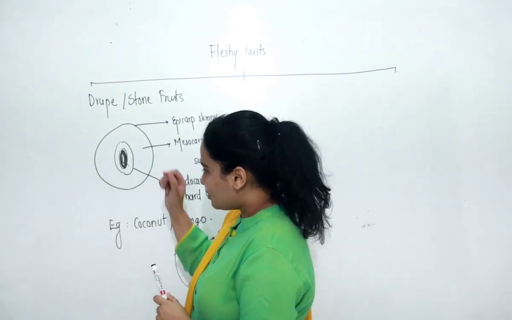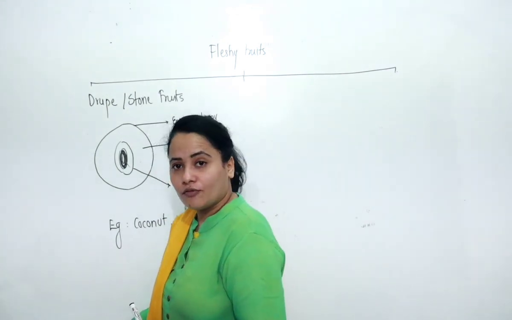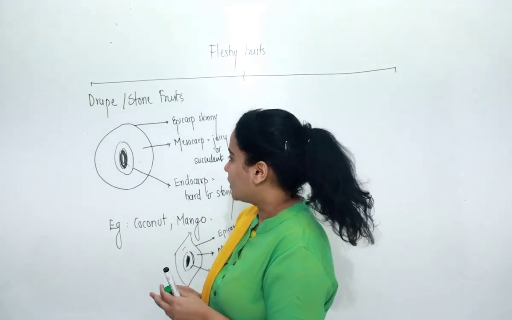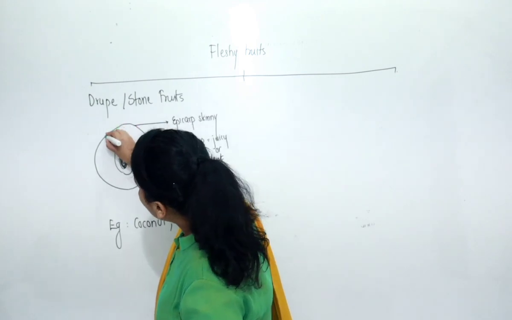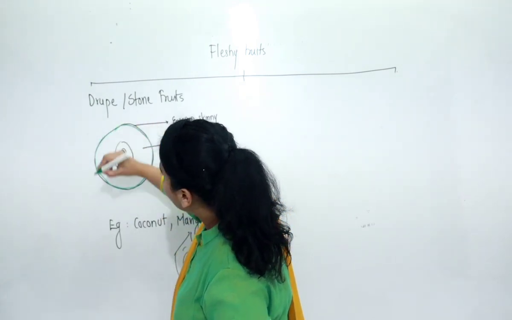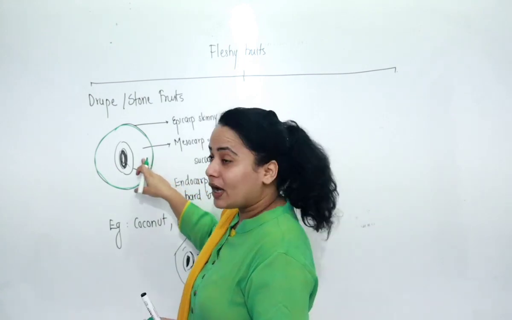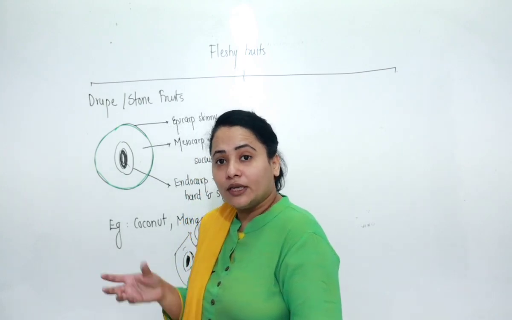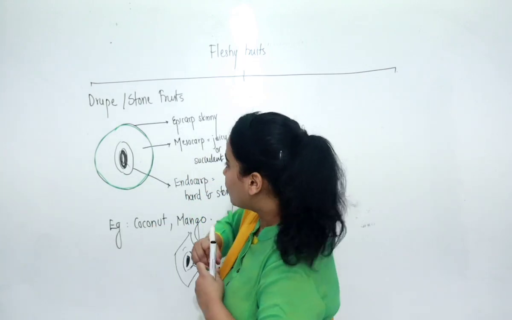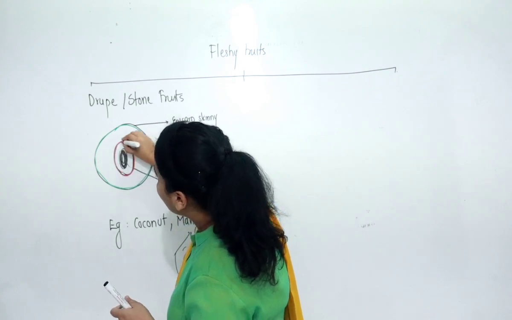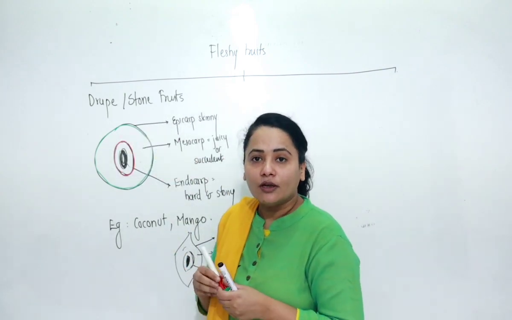So this is what you see about mango. Now if the same diagram is used for the green coconut, this outer area is green in color, we know that in coconut. Then the mesocarp is whitish in color, and then comes the innermost portion, which is brown in color over here, and this is really hard and stony.